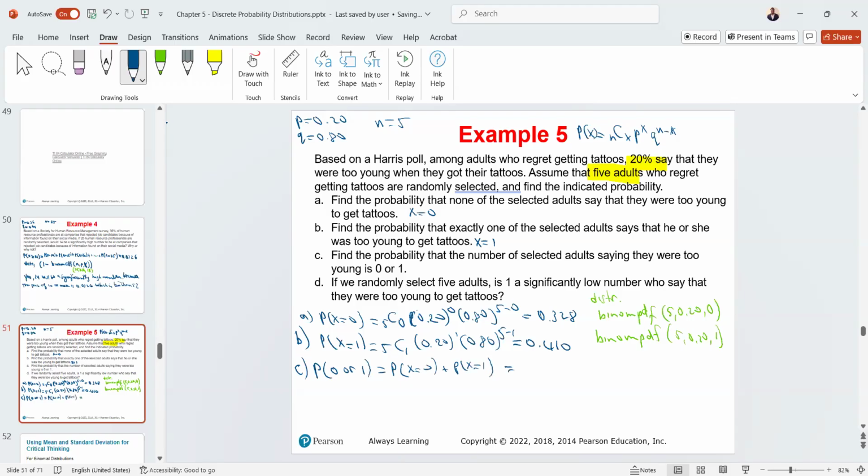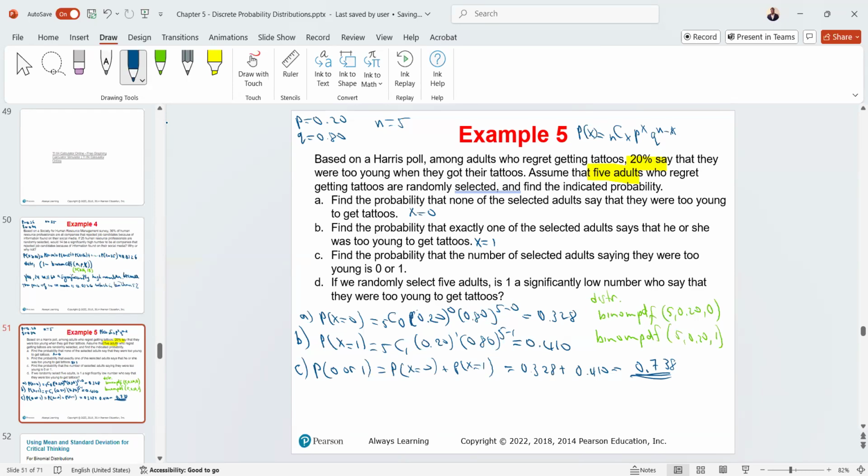Because we already did these two, all you need to do is to add them up. So you add 0.328 plus 0.410. Answer is 0.738, right?